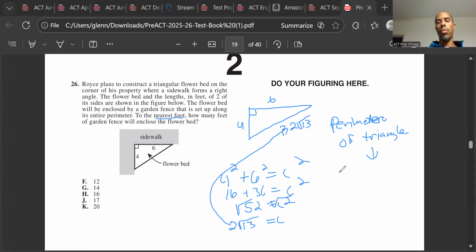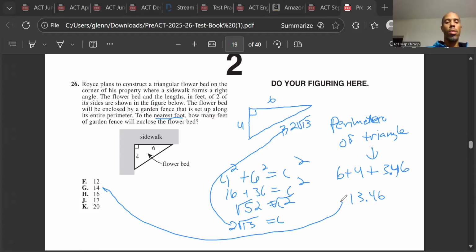So the perimeter would be 6 plus 4 plus 7.21, which would be about 17.21, which is closest to 17. All right. Hopefully that is right, because it said how much garden fence will enclose it. So we're looking for the garden fence that encloses it, which is the perimeter.